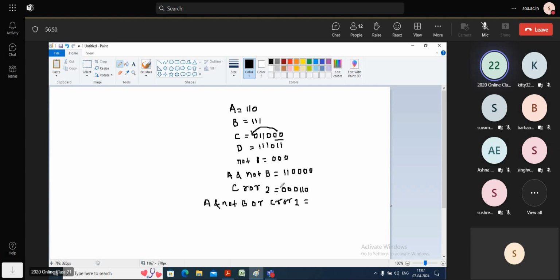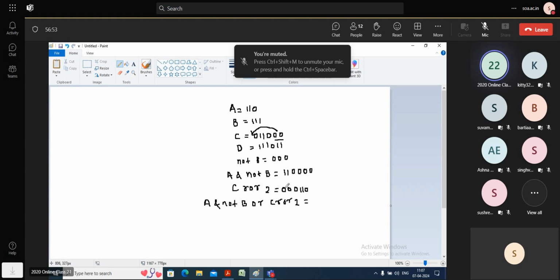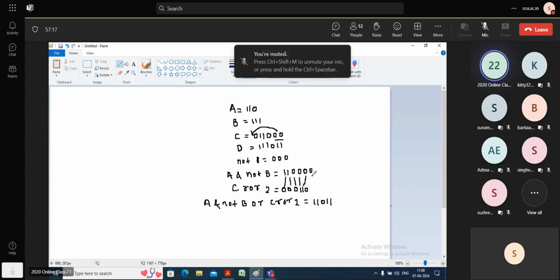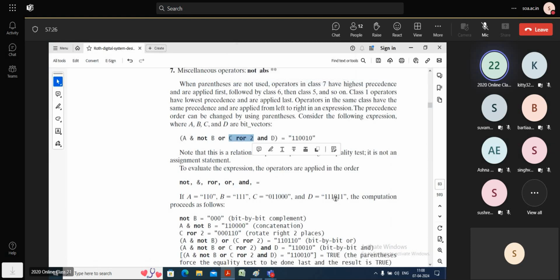If both of them are 0, the result will be 0, otherwise it is 1. So 1 OR 0 becomes 1. Next 1 OR 0 becomes 1. Next 0 OR 0 becomes 0. Next 0 OR 1 becomes 1. Next 0 OR 1 becomes 1. Next 0 OR 0 becomes 0. So we get 110110.